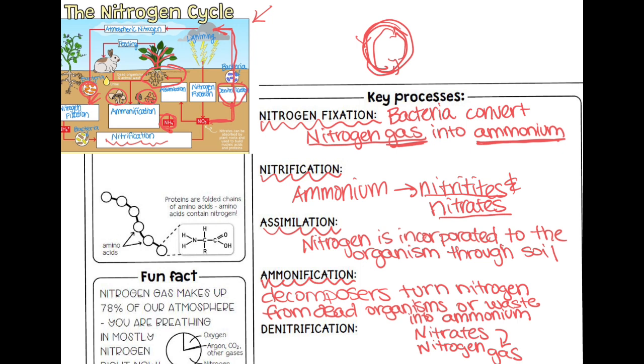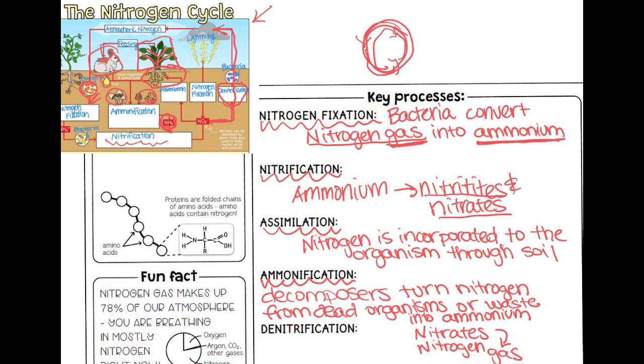So here we have a plant that has just assimilated some nitrogen. Well, this rabbit eats it, okay? The rabbit eats it, nom, nom, nom. So now the nitrogen is in it. Then the rabbit pees, all right?